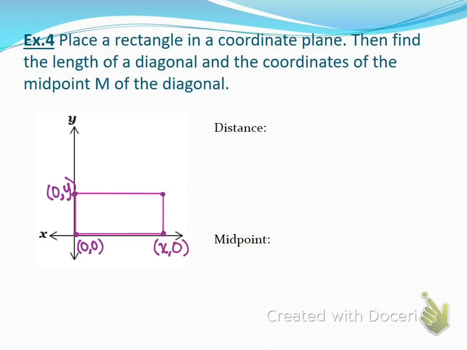And top right, x, comma, y. They want us to place a diagonal in there. Now, technically, you can choose which diagonal you want to place. Do you want to place the one that starts at the origin and goes to xy, or do you want to place the one that goes from 0y to x0?